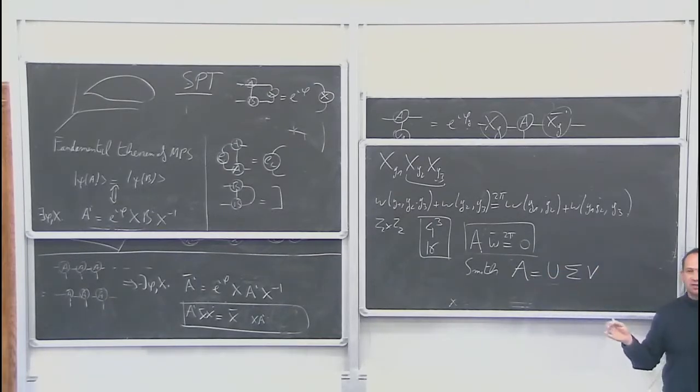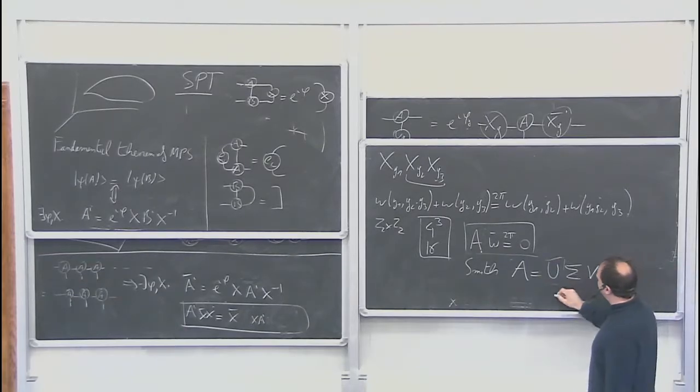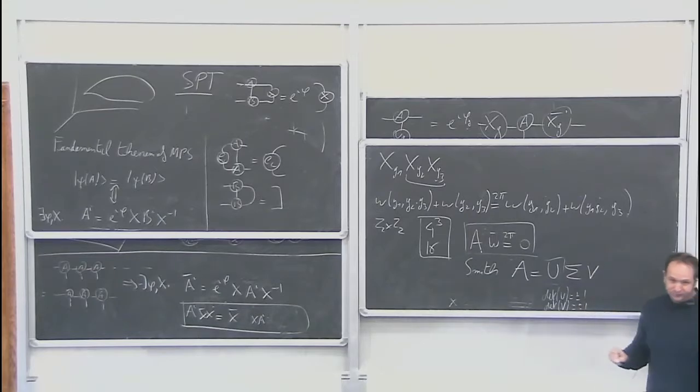So I only have integers, and all these matrices only contain integers, but I'm guaranteed that the determinant of U is equal to plus or minus 1, and the determinant of V is plus or minus 1. Because you're working over the integers, of course you cannot work with unitaries, but you can work with matrices U and V whose determinants are equal to 1.